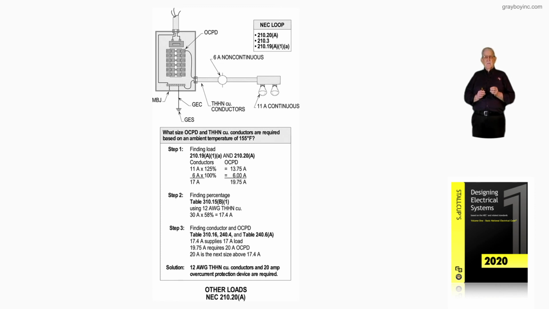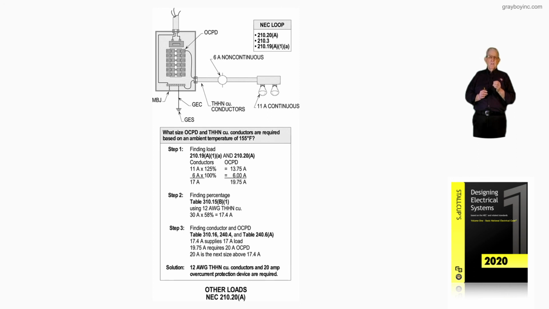Now, 17.4 amps is a 17 amp load, connected load, but the calculated load in step 1 is 19.75. So that would require a 20 amp overcurrent device when you rounded it up, and number 12 wire, which would be selected from 240.4(D).